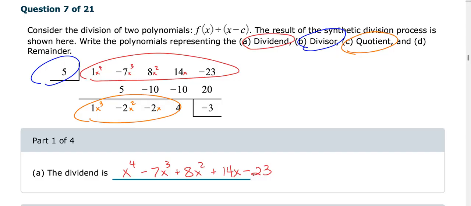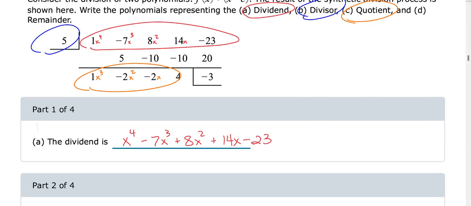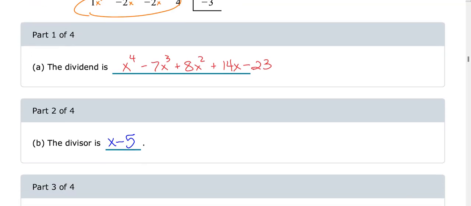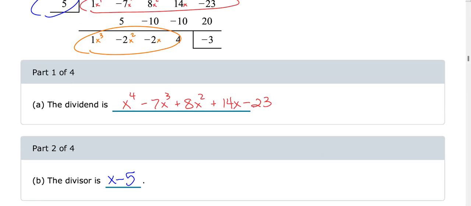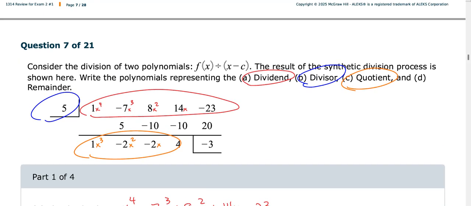Okay, so here comes the quotient: x cubed minus 2x squared minus 2x plus 4. All right, so we've done the dividend, the divisor, the quotient, and now we need the remainder. The remainder is this number here in the little box, -3.